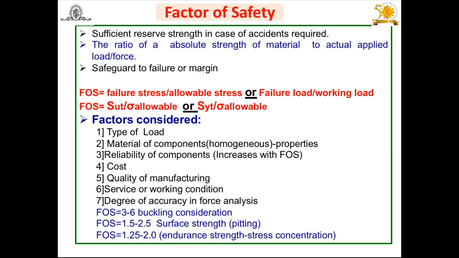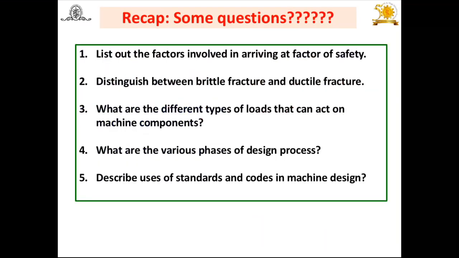In case of boiler design, the FOS should be high. At that time, we don't consider the cost, size and dimensions of the component. At that time safety aspects are important. That means by considering all these parameters we can decide the value of factor of safety.